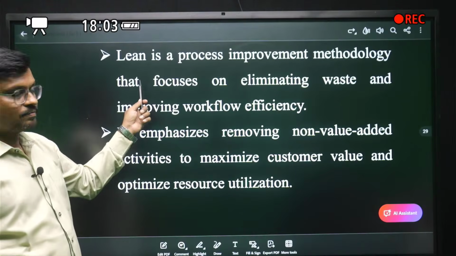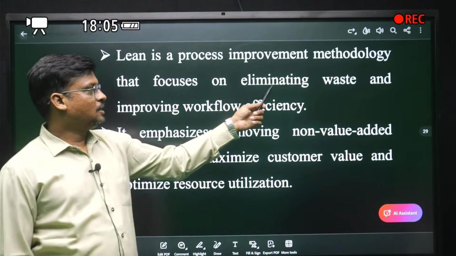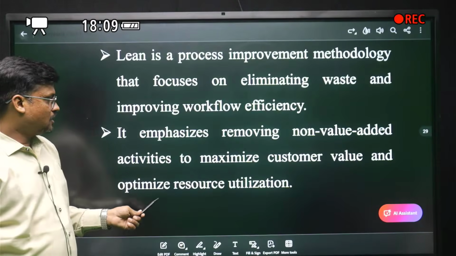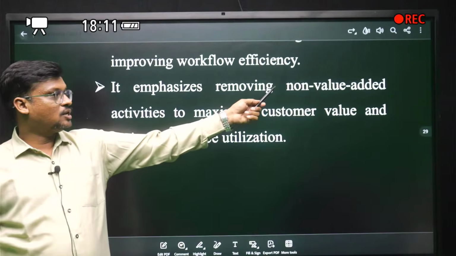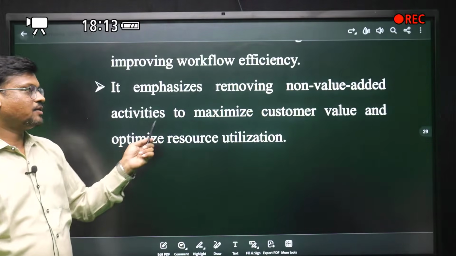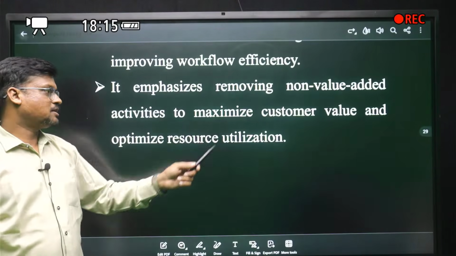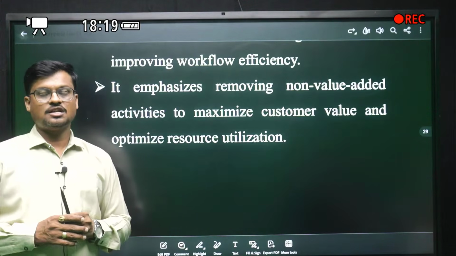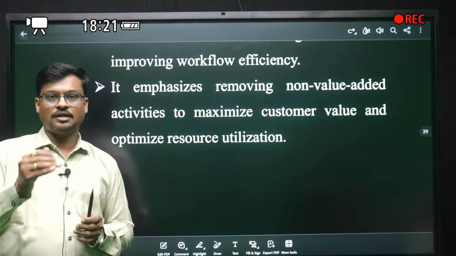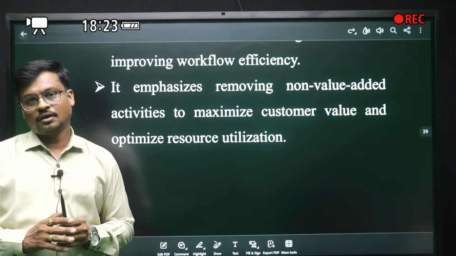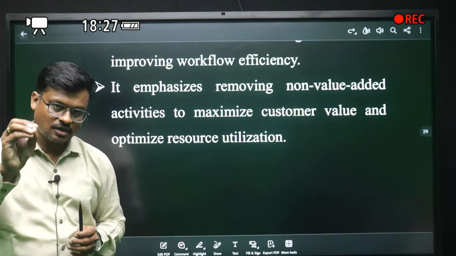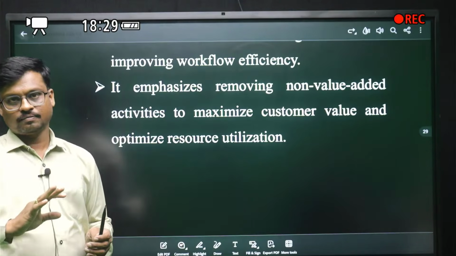That is your Lean. Lean eliminates waste and improves workflow efficiency. It emphasizes removing non-value-added activities to maximize customer value and optimize resource utilization. Any activity which is not creating any impact for your better decision making or for the growth of the organization, consider it as waste and remove it. Okay.